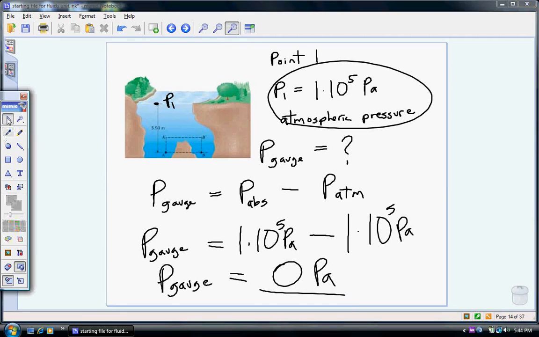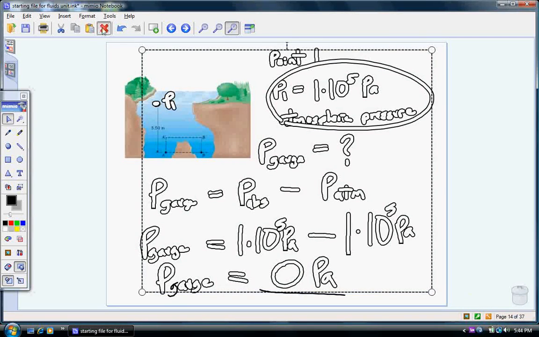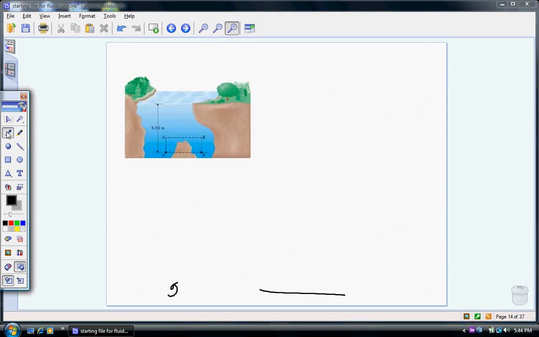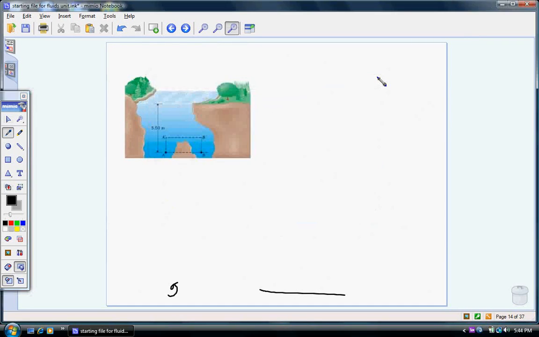Okay, let's consider the lower point down here. At this lower point down here, I'm going to call that point 2.